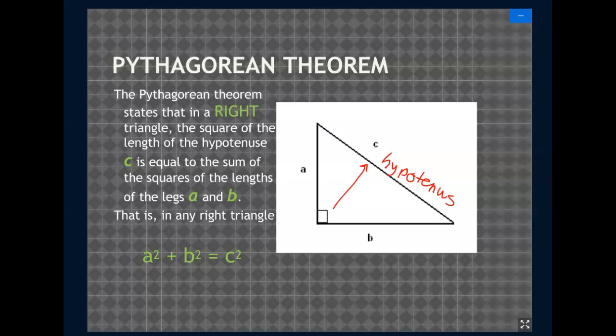The triangle can be turned and the hypotenuse can be in a different location, but the location is always determined by the opposite of the 90-degree angle. The legs are represented by A and B. Those are the two opposing sides to the hypotenuse. And we have Pythagorean theorem stating A squared plus B squared equals C squared.